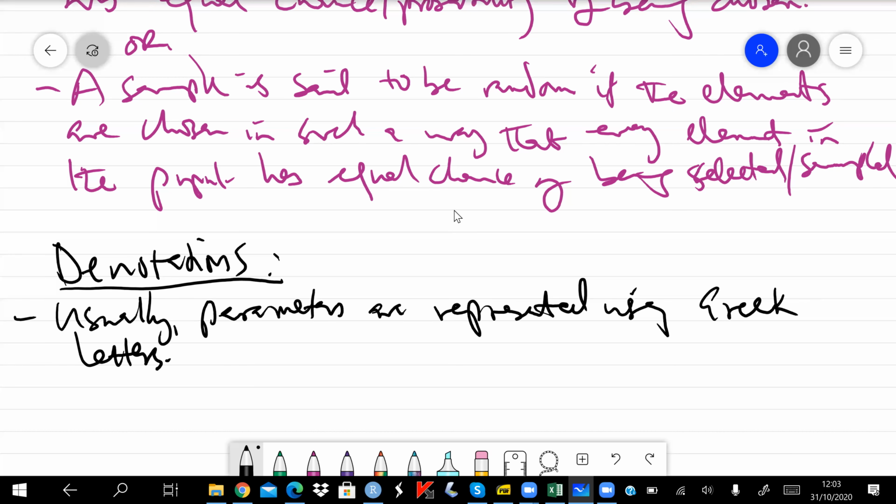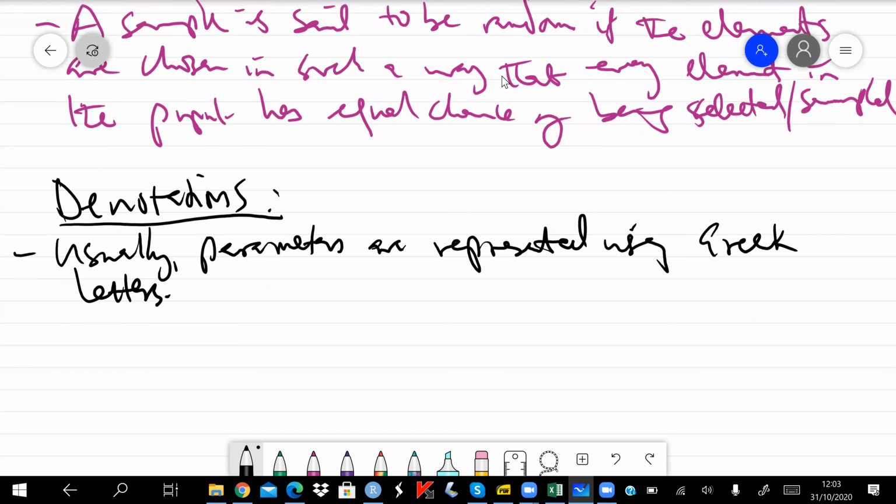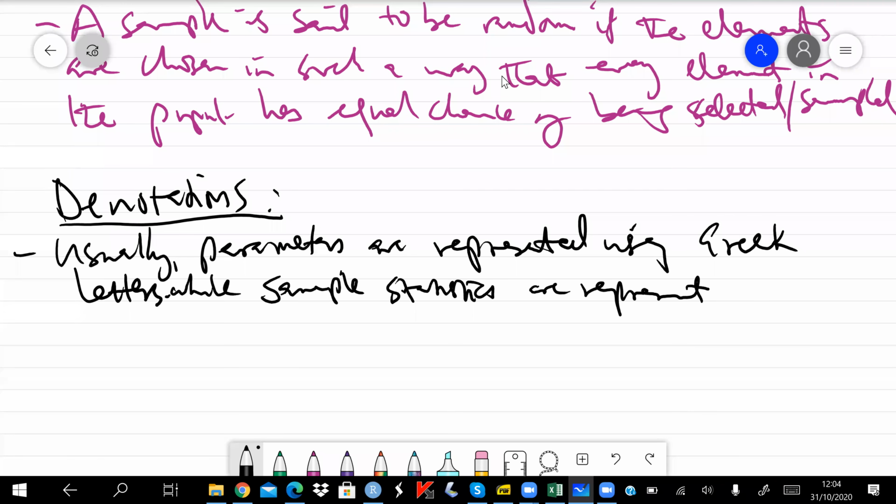Of course, there are exemptions. While sample statistics are represented using Roman letters, most of the cases lowercase letters. Okay.